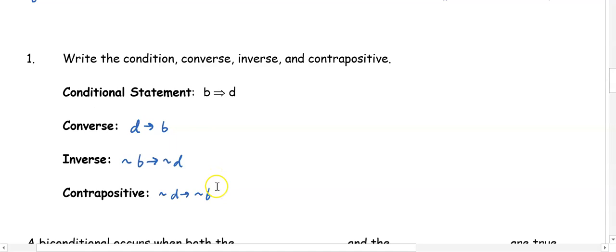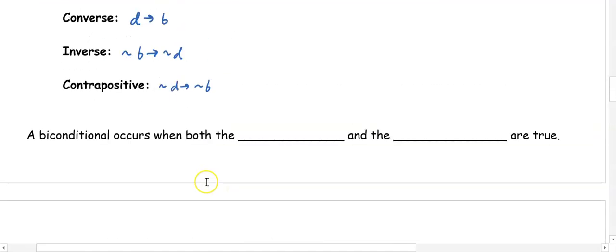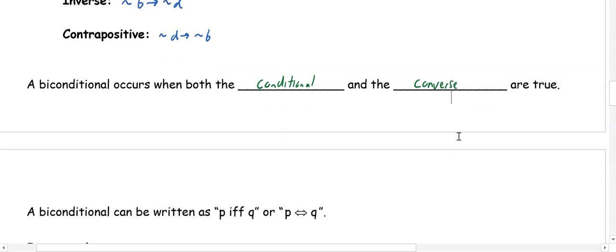Our last type of statement then is a biconditional. A biconditional statement occurs when the conditional and the converse are true.